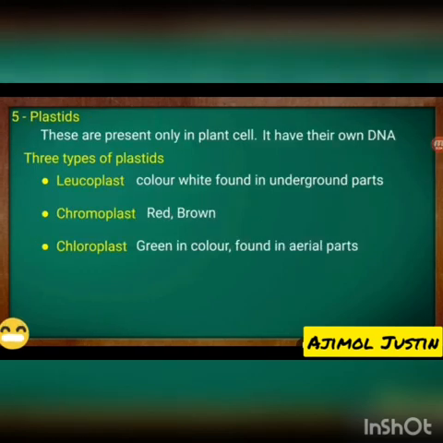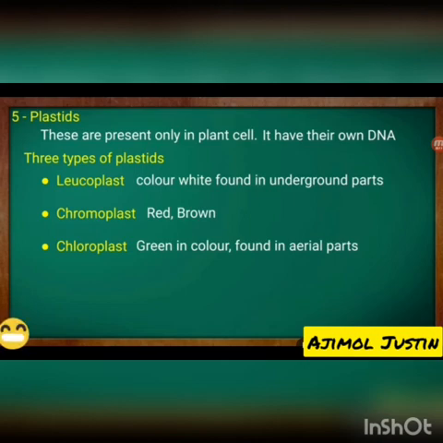Coming on to the next cell organelle, plastids. Plastids are found only in plant cells. They are absent in animal cells, and they have their own DNA. There are three types of plastids: leucoplast, chromoplast and chloroplast.